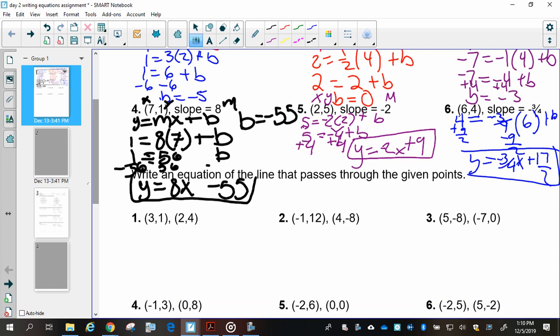And then Alex did the same thing for this one. Put these into the equation, multiply this to get -4, and then added 4 to get b equals 9. So your equation was y equals -2x plus 9.